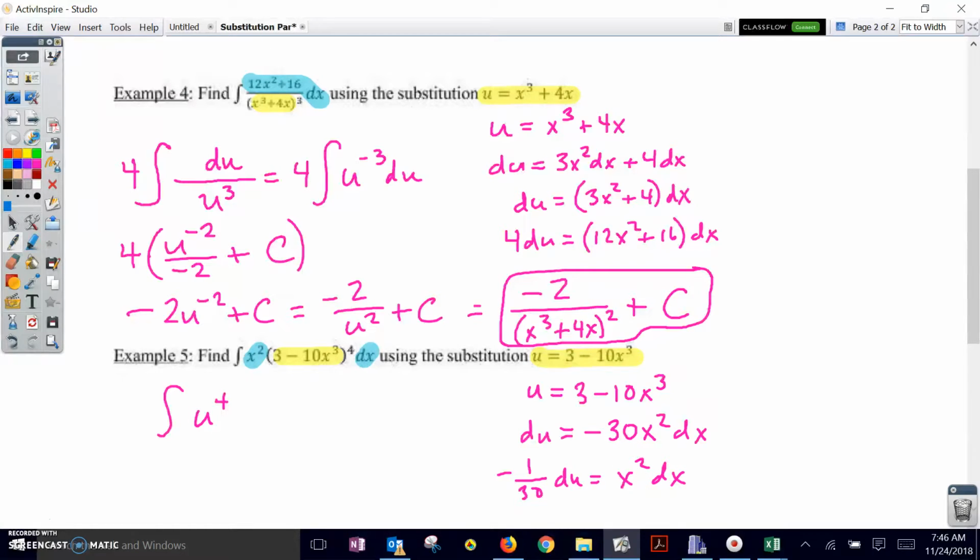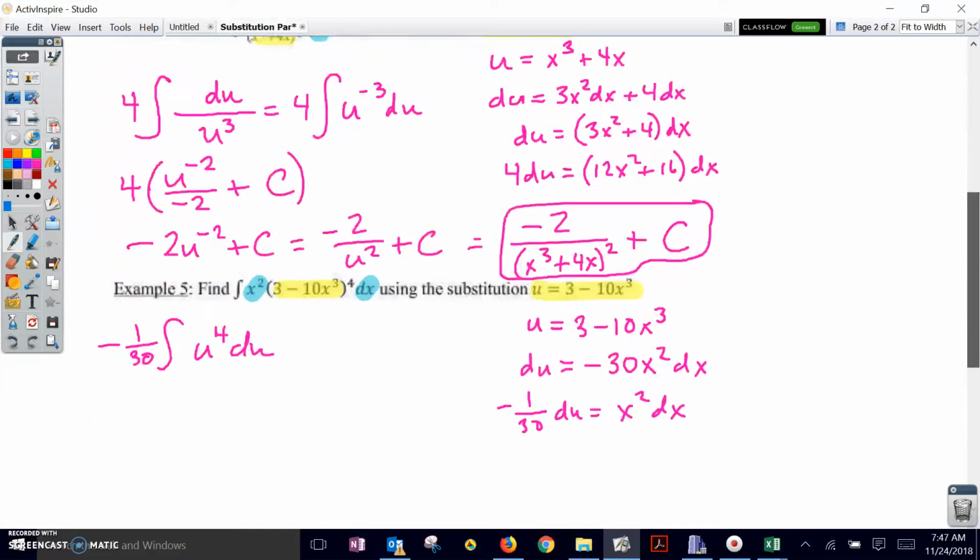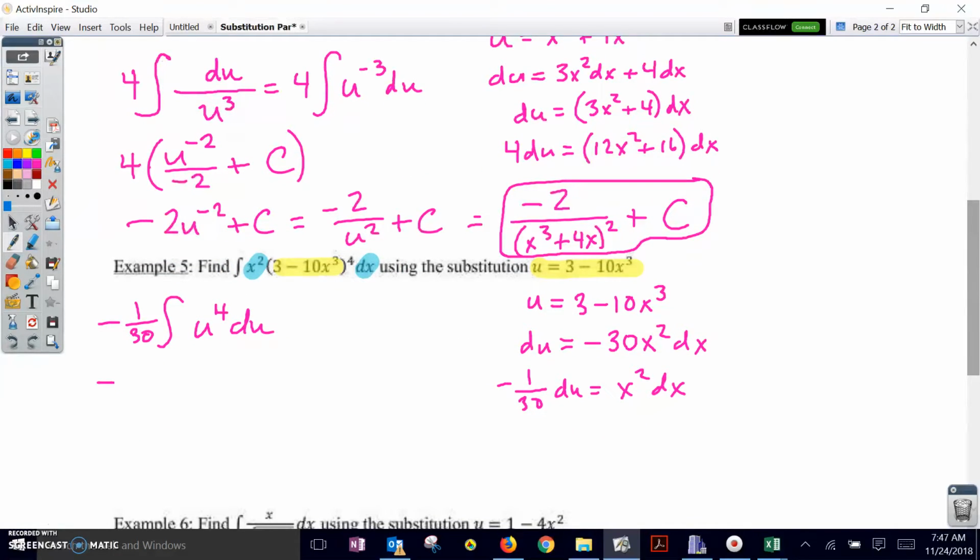And that's what's equal to x squared dx. So I'm going to bring my constant multiple out in front here. And now I'm taking negative 1 over 30 times the integral of u to the fourth du.